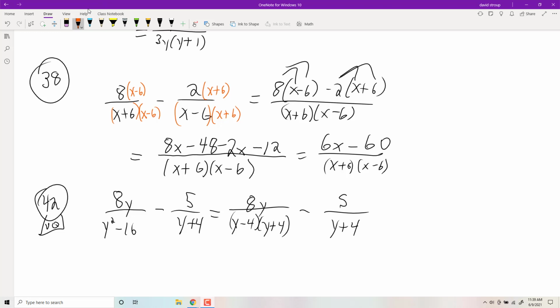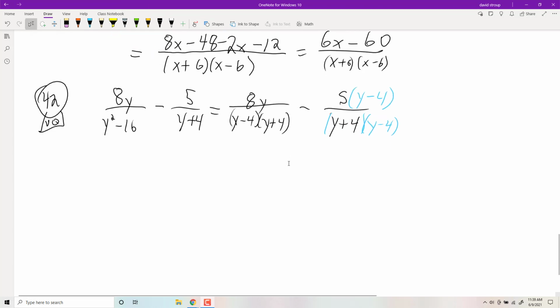Then the second fraction is missing a factor of y minus 4. So I'm going to multiply top and bottom of the second fraction by y minus 4. Then I can subtract the numerators over the common denominator.